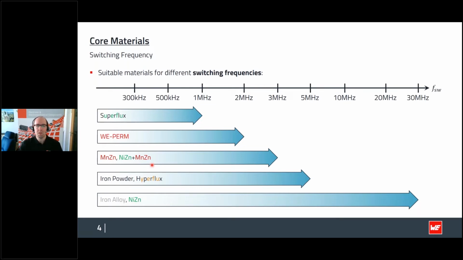These are abbreviations for materials consisting of iron oxide and some additional metal oxides. Manganese zinc has a high electrical conductivity. Nickel zinc is the opposite. It's a nearly insulating material.